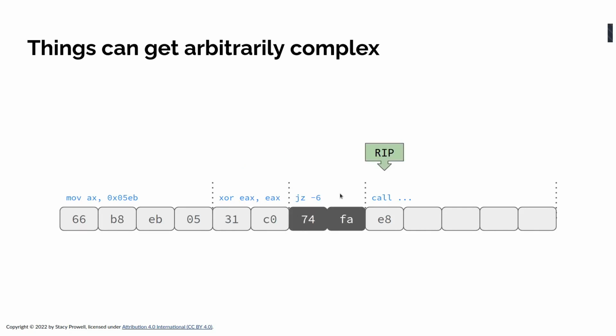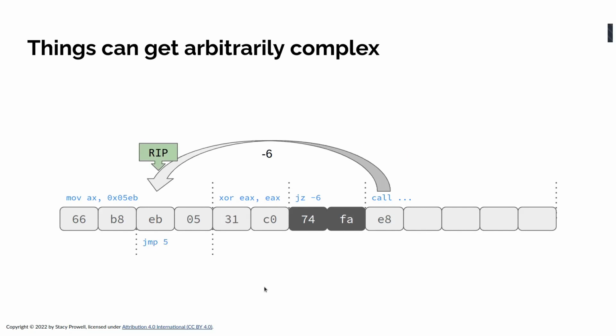This instruction executes, RIP points here, and this says -6. Okay, RIP is pointing here, so we go 1, 2, 3, 4, 5, 6. There we go. Or if you like to count backwards, it's FA. So F, E, D, C, B, A, and you're here. Either way, we jump back to here.